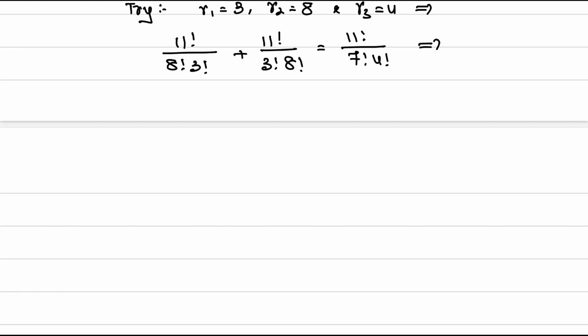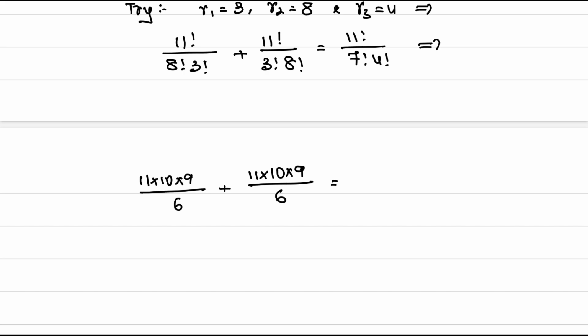Factorial 11 by factorial 8 is how much? 11 into 10 into 9, divided by factorial 3 which is 6, plus 11 into 10 into 9 divided by the same 6.